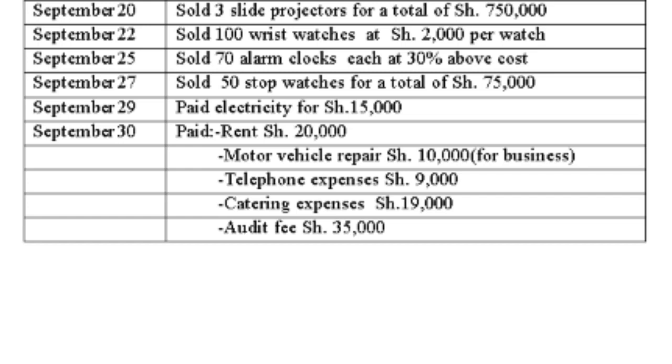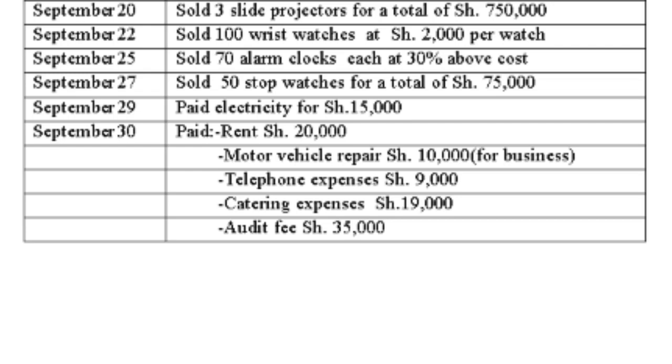So they're selling 100 at 2,000. That is 200,000. That is what they collect. That is output VAT.